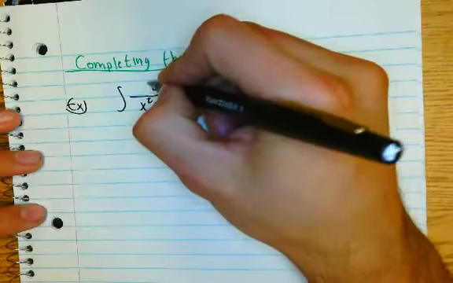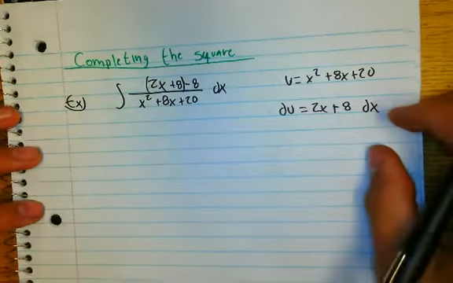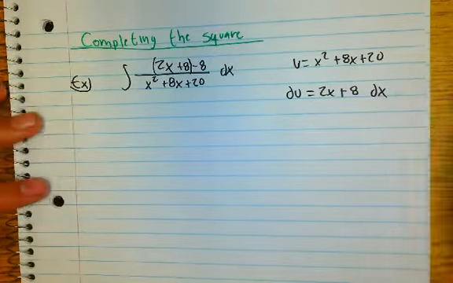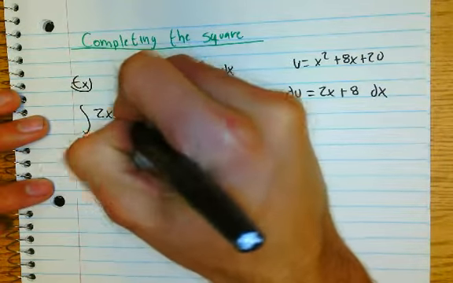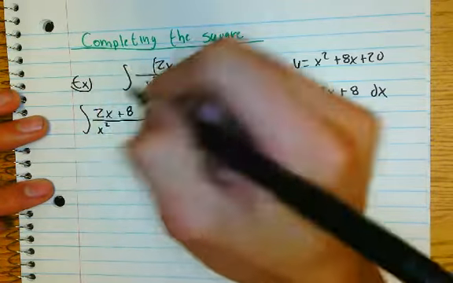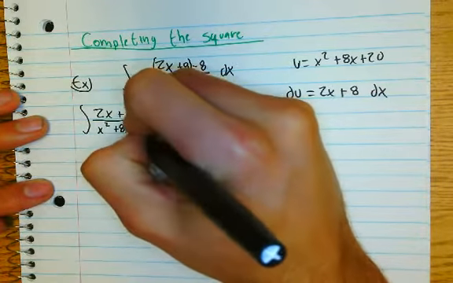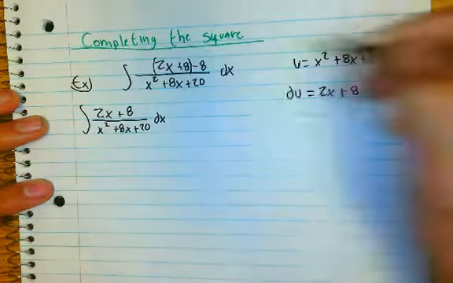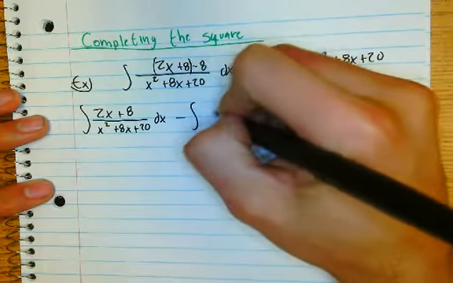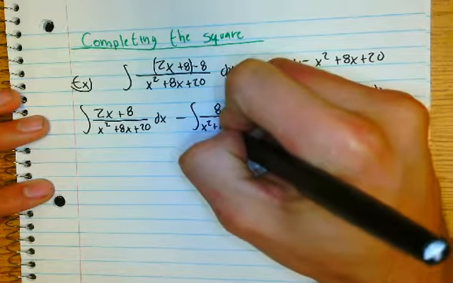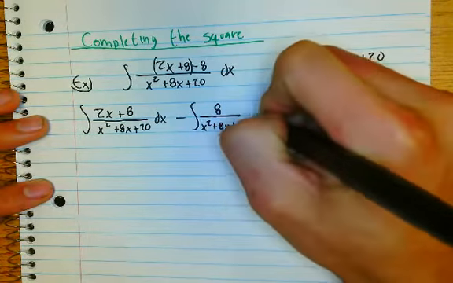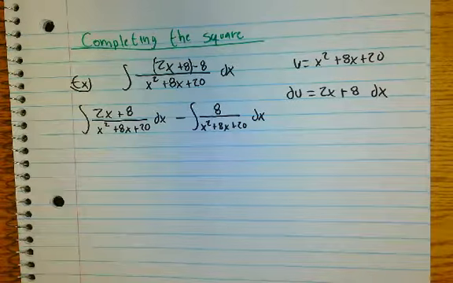Well, why would I want to do that? Well, I'm going to pair this together, and now I'm going to rewrite this expression as the integral of 2x plus 8 over x squared plus 8x plus 20 dx minus the integral of 8 over x squared plus 8x plus 20 dx.